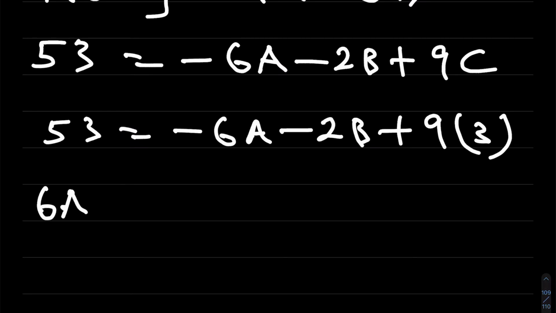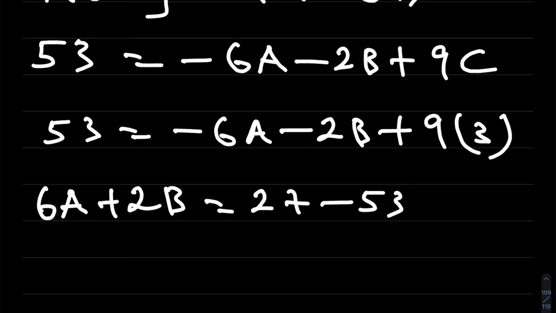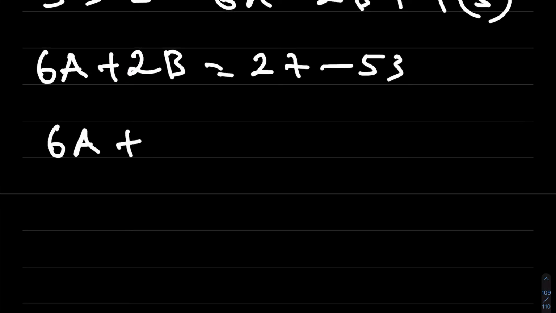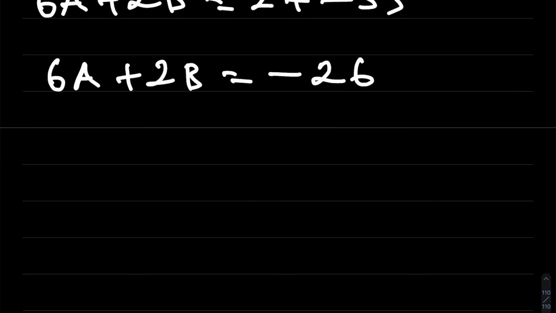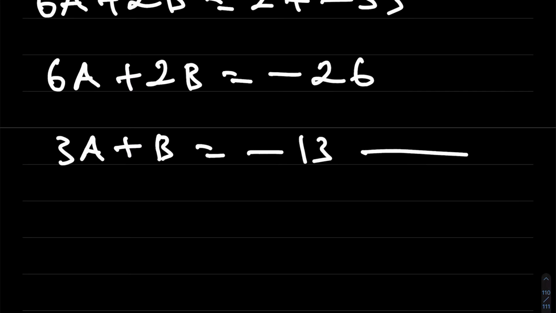So I'm going to have 6a plus 2b equals 27 minus 53. 27 minus 53 is minus 26. And now I'm going to divide through by 2, which will give me 3a plus b equals minus 13. That's another equation which I'm calling equation 3.